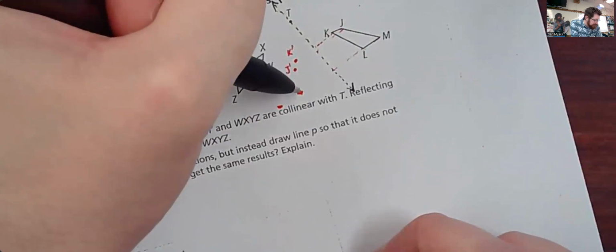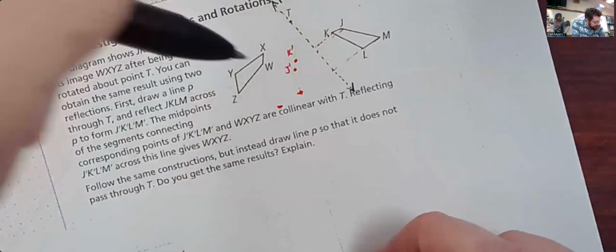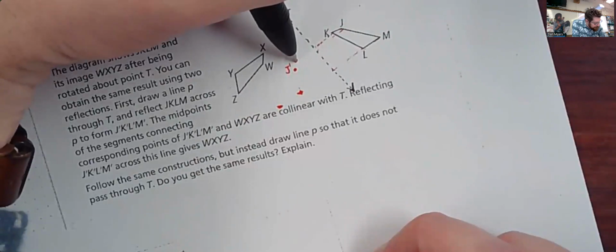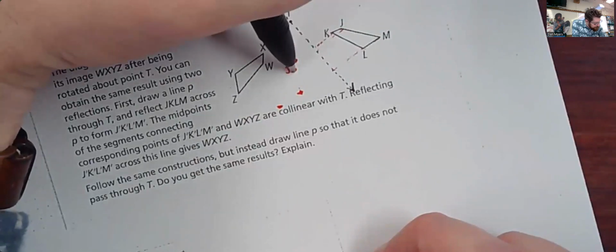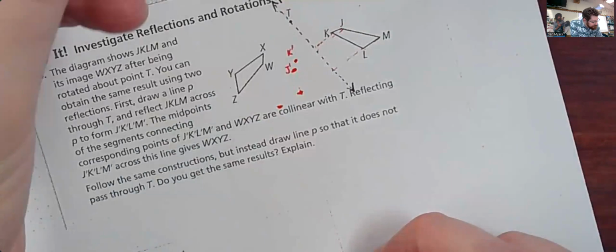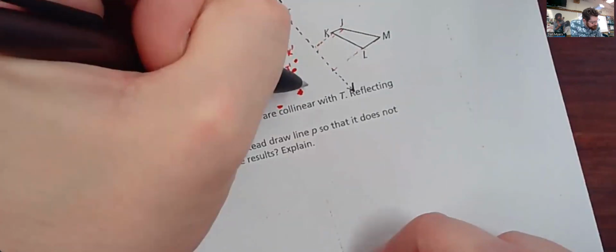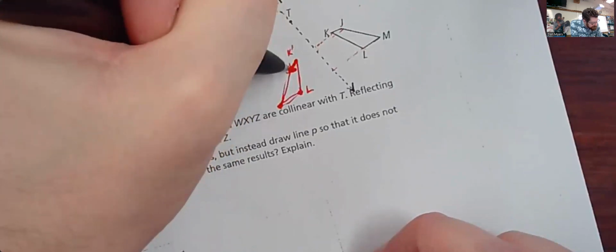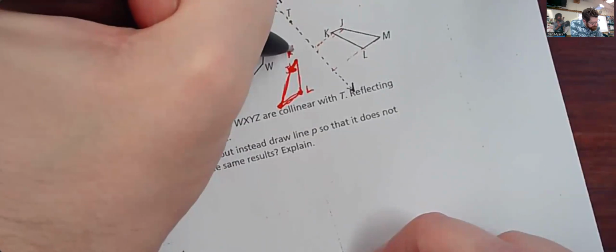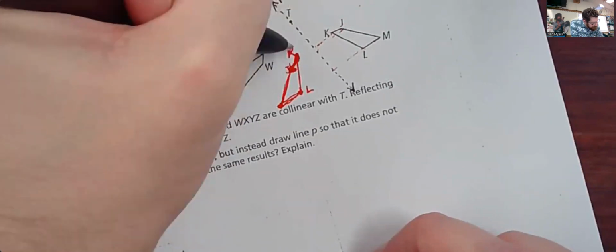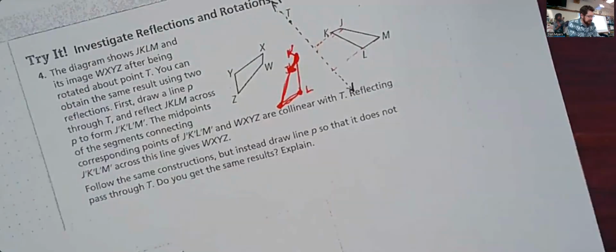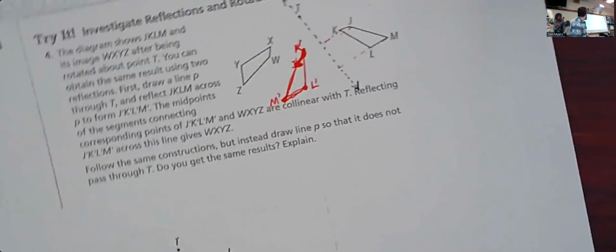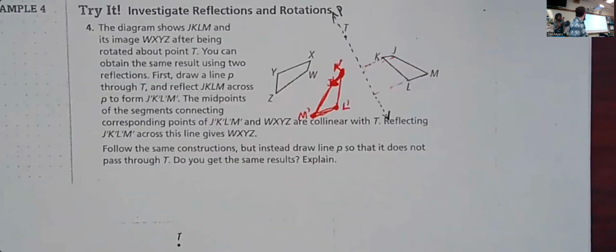It will work. That needs to be a little bit further. There we go. So it should look about like this. So J prime, K prime, L prime, and M prime. If we had a graph, it would be a little bit easier to make those a little more accurate. So that's a rough reflection.